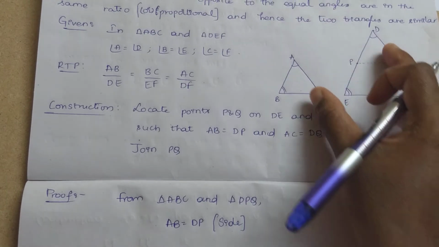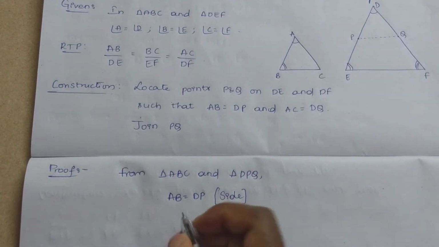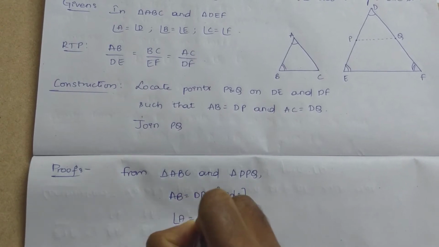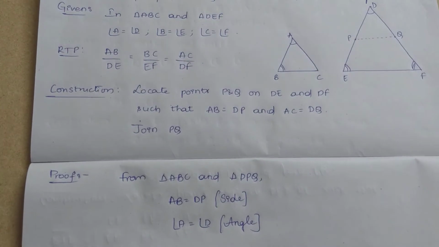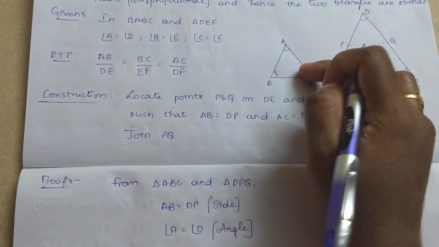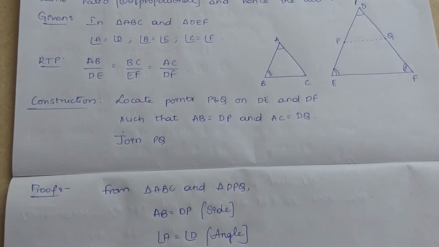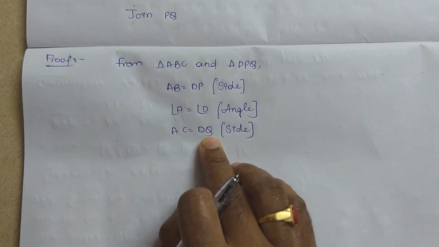After that, from these two triangles we can get that angle A equals angle D. Let's write the same thing here. Angle A equals angle D. So one of the corresponding angles is also equal. After that, AC equals DQ. Correct? So AC is equal to DQ.